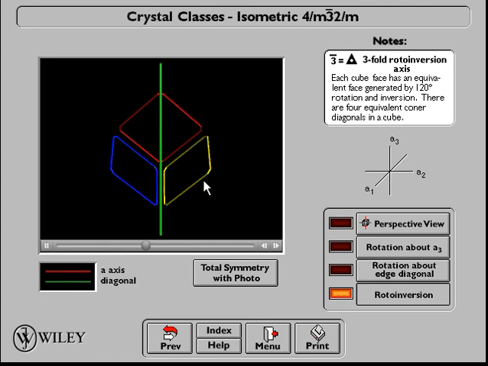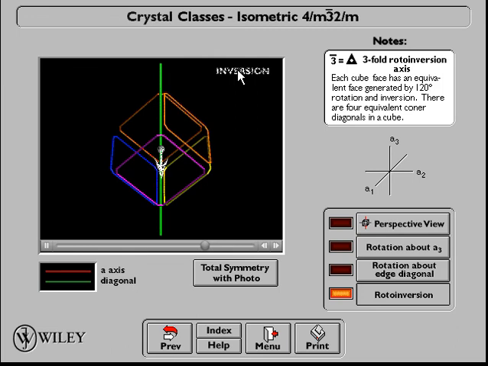Continuing again with the 120 degree rotation, followed by the inversion through the center of symmetry, continuing with the 120 degree rotation, followed by the inversion through the center of symmetry.